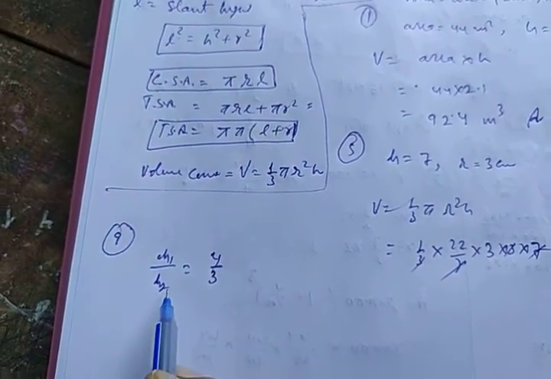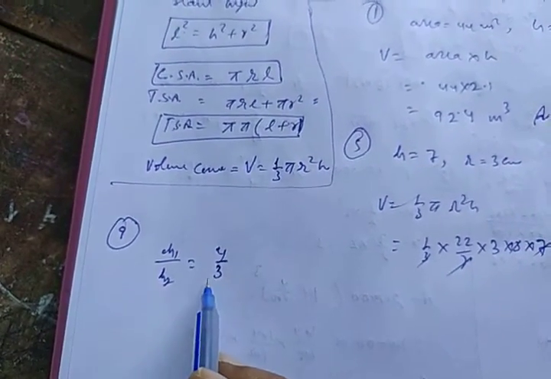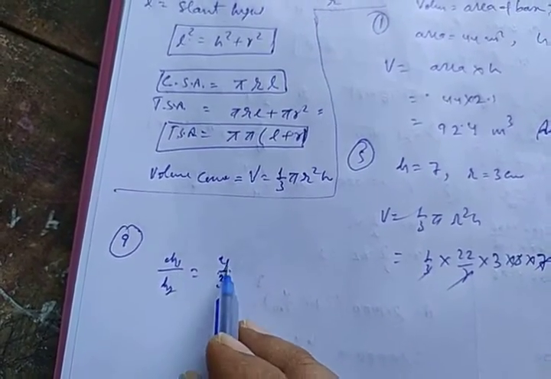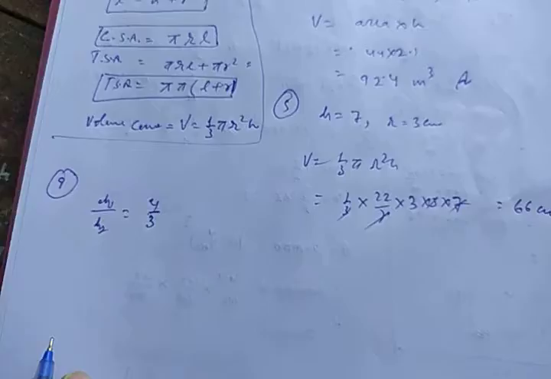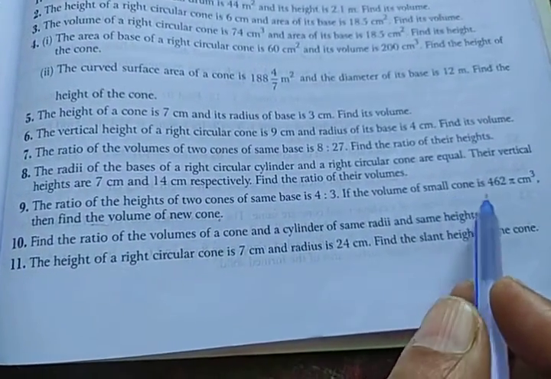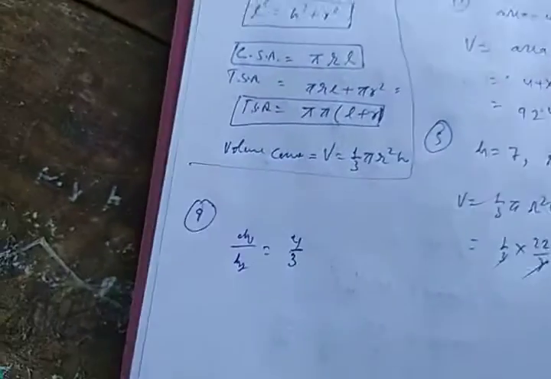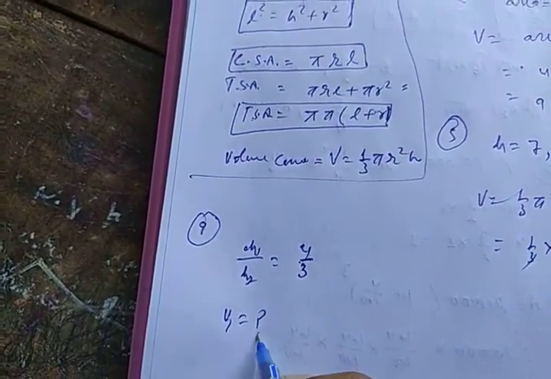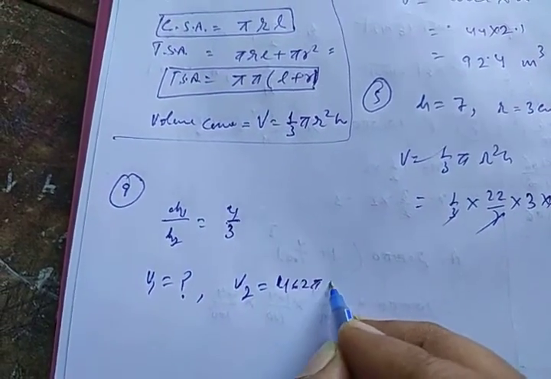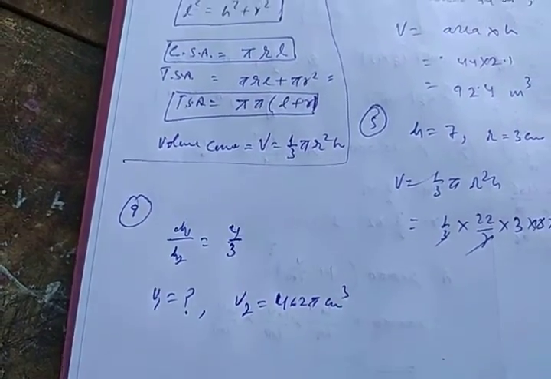Now H1 is 4 and H2 is 3. You should conclude from here that H1 is the big cone and H2 is the small cone. And the volume of the small cone has been given, meaning V2 has been given. V1 you have to calculate, and V2 has been given 462 pi centimeter cube.